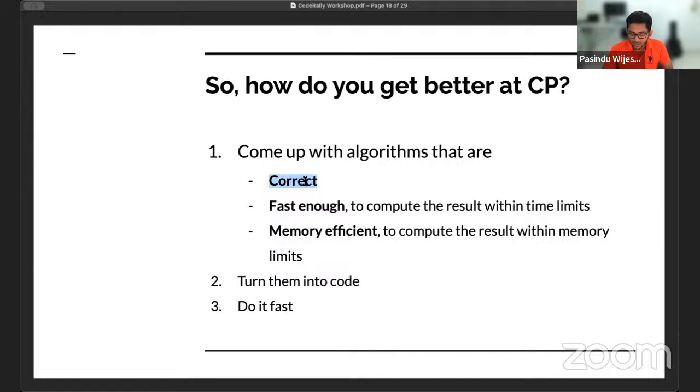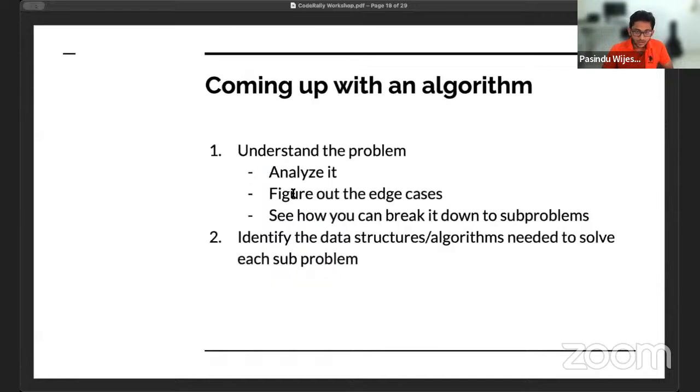If your algorithm is not right, then you're not going to score at all. In some competitions there are partial scores, but the majority of the time, problem setters try to ensure that the submitted solutions are correct. So you need to figure out those edge cases and make sure that your algorithm provides proper answers for them.